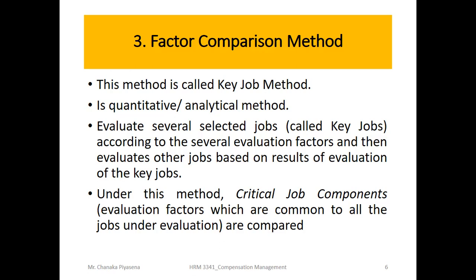That's why we call those methods qualitative methods. As an example, the job ranking method. Under the job ranking, there are two techniques. We identify the relative worth, the relative importance of each job, then we put them in order and rank each and every job within the organization.